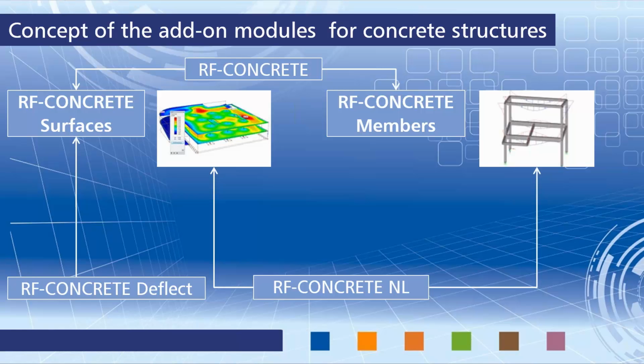This is described in section 5.8 in the Eurocode 2. And you can perform, for example, a nonlinear bending analysis. RF concrete NL is calculating results in an iterative process, so it's a nonlinear algorithm. It gives obviously more exact results, but the calculation takes longer. So this is this module.